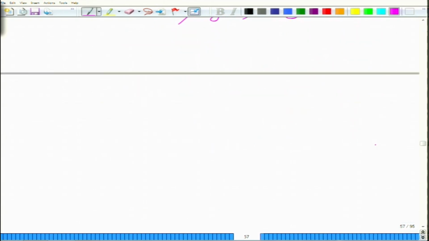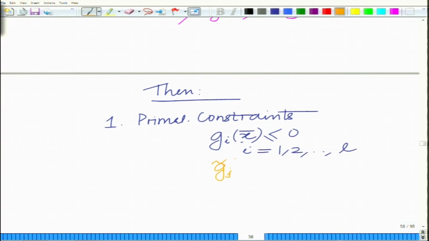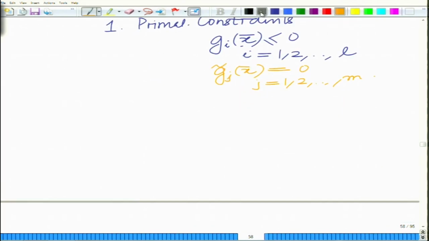Then it must be that first we have the primal constraints, these must hold. The primal constraints are basically G i of x bar less than or equal to 0 for i equals 1 up to L, and G j tilde of x bar equals 0, j equals 1 up to M. The dual constraints must hold.